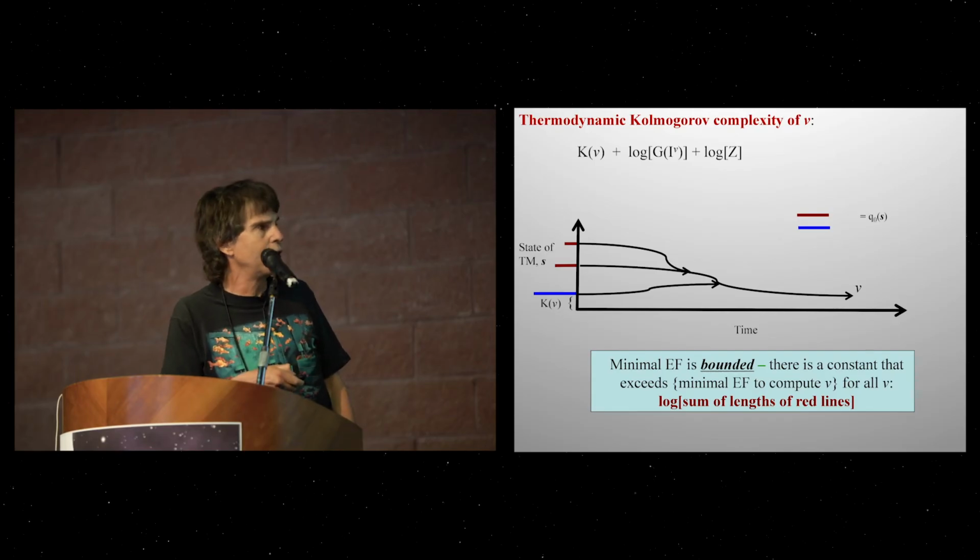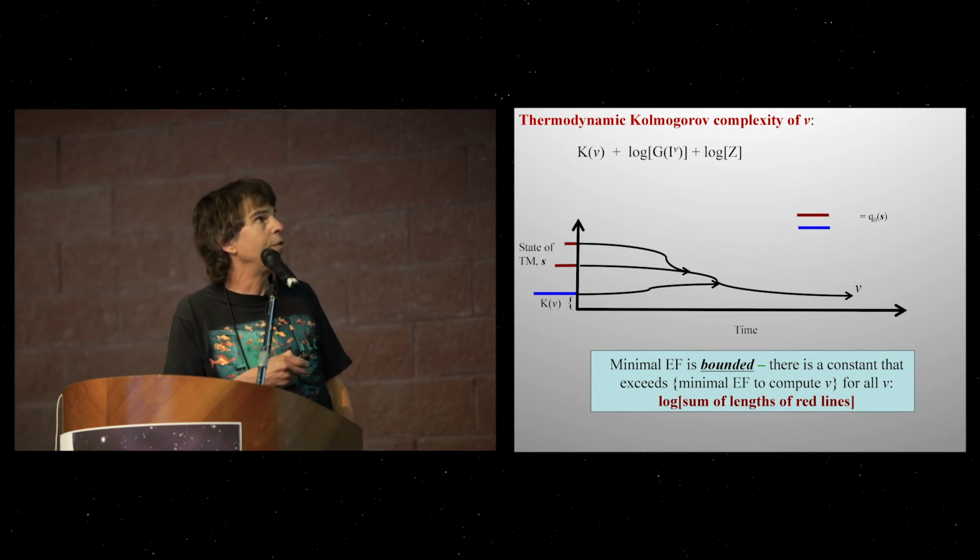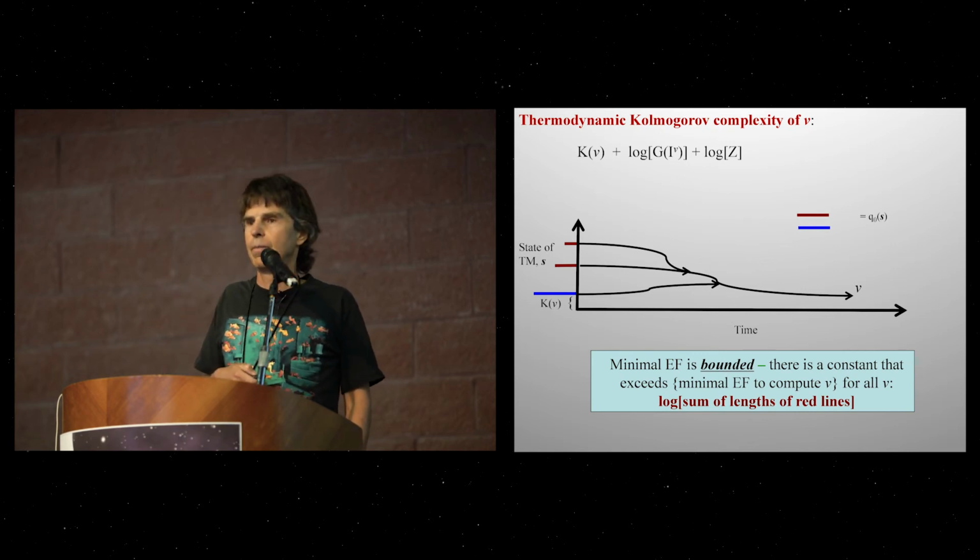Using one of the many beautiful results in algorithmic information theory, called Levin's coding theorem, you can actually prove this kind of weird result that the minimal entropy flow, the thermodynamic Kolmogorov complexity, is actually bounded.